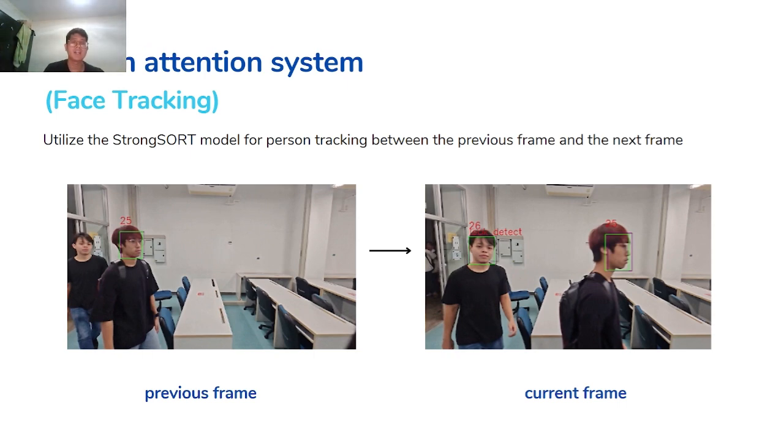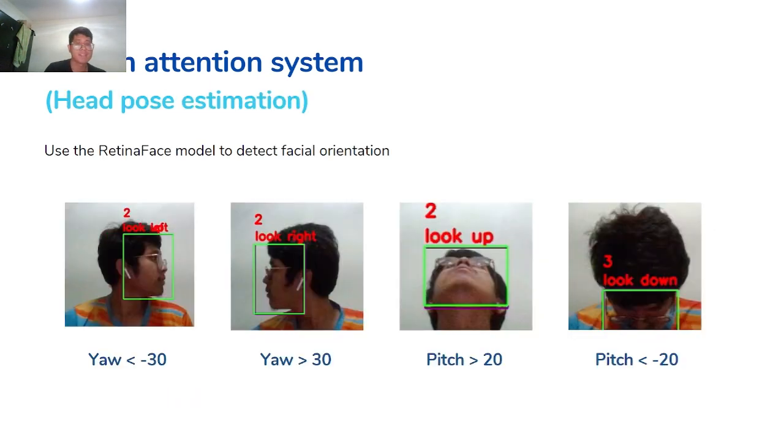After that, we use RetinaFace for face detection, and then BoT-SORT for person tracking, same as StrongSORT. After we get the bounding box, we send this image to detect the facial orientation. This is what the model looks like.